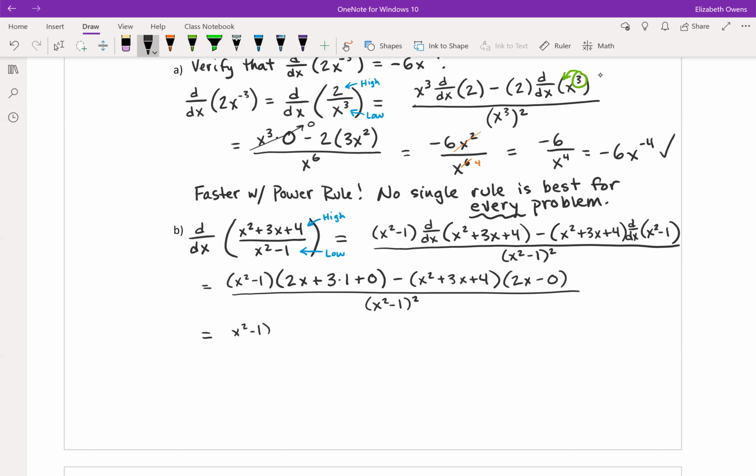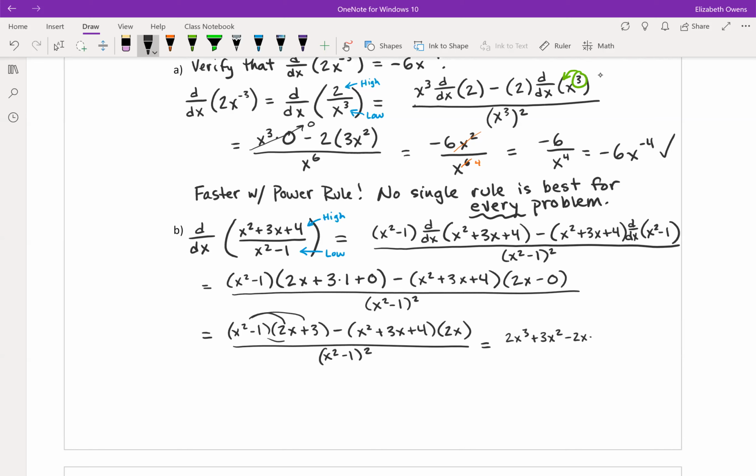x squared minus 1 times 2x plus 3, minus x squared plus 3x plus 4 times 2x, all over x squared minus 1 getting squared. Okay, cleaned up a little bit there. Now let's distribute, see if there are any like terms that we could combine. Okay, in these first terms, we'll have 2x cubed plus 3x squared minus 2x minus 3.